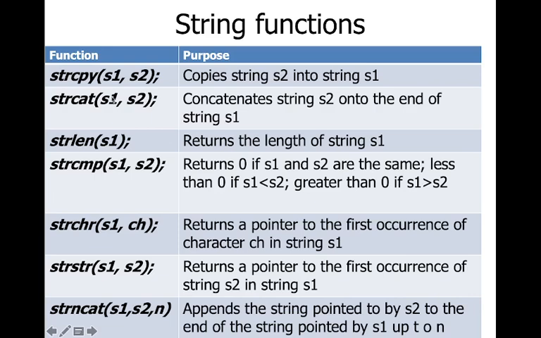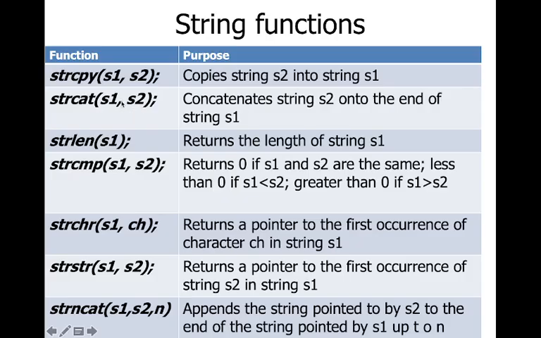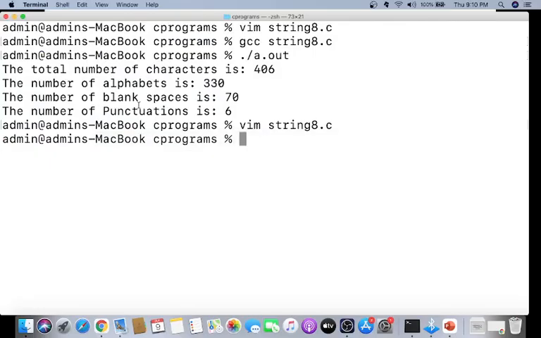That is, it appends the string contained by s2 to the end of string s1, and the terminating null character of s1, the slash 0, will be overwritten. Then copying stops once the terminating character of s2 is reached. We will see each example, then you will understand this.